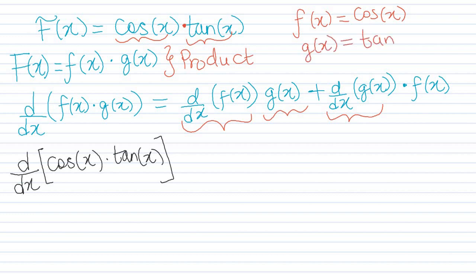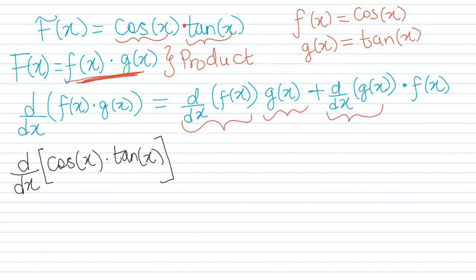Now one thing you have to know is, because we're doing product rule and this is how it is in calculus, the first sub-function that we see, we always put that to be f of x, and the second sub-function we call g of x. But the truth is, because it is product rule, you can actually decide to do tan x first and make that f of x, and cosine x, you can make that g of x.